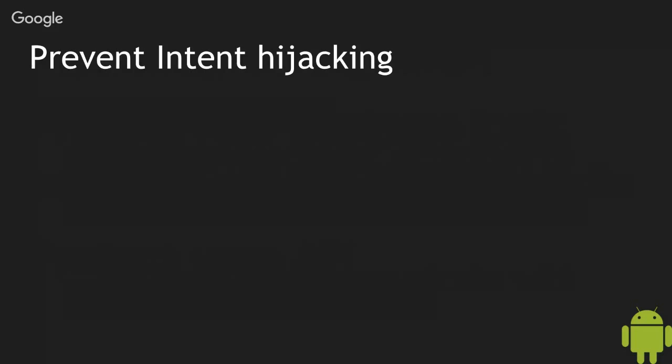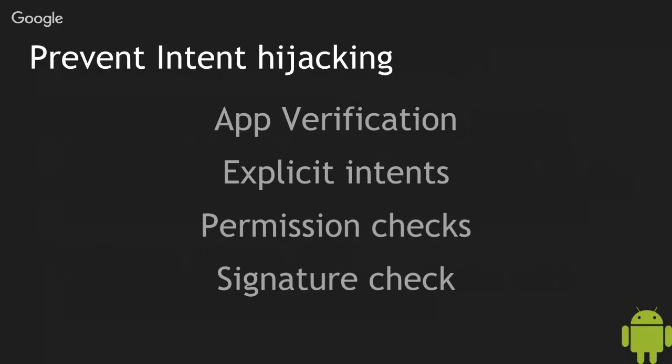So you register your activity, you create some scheme, some URL that you will be listening to, and the flow is that the user gets an SMS or email, clicks on the link, and your application appears with the screen to change the password. But some malicious application can also listen to the same URL. So you should consider using app verification.